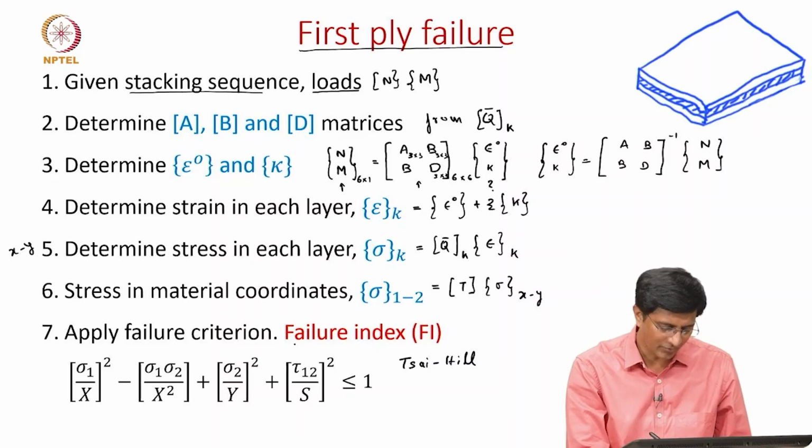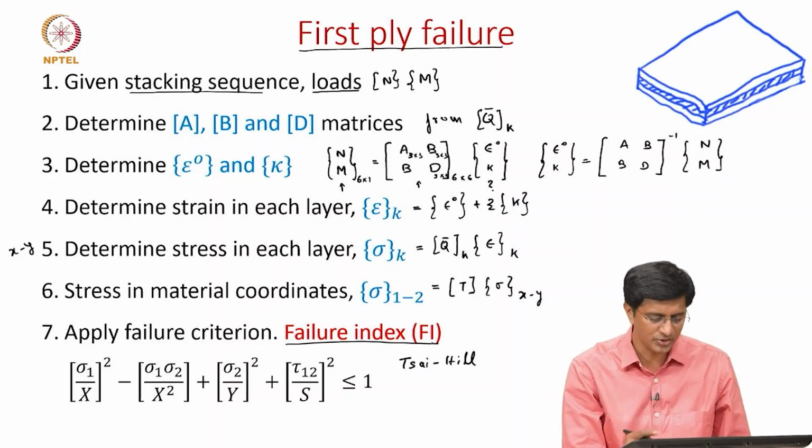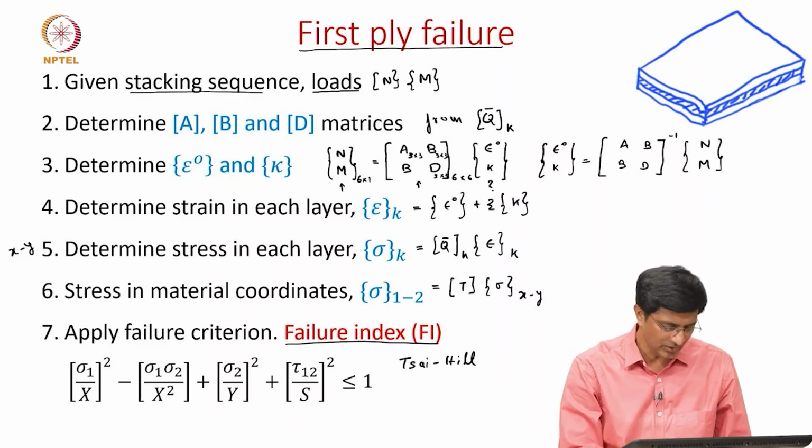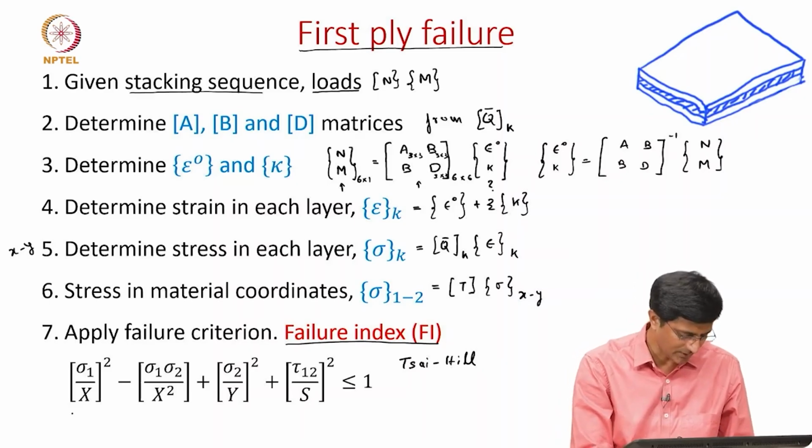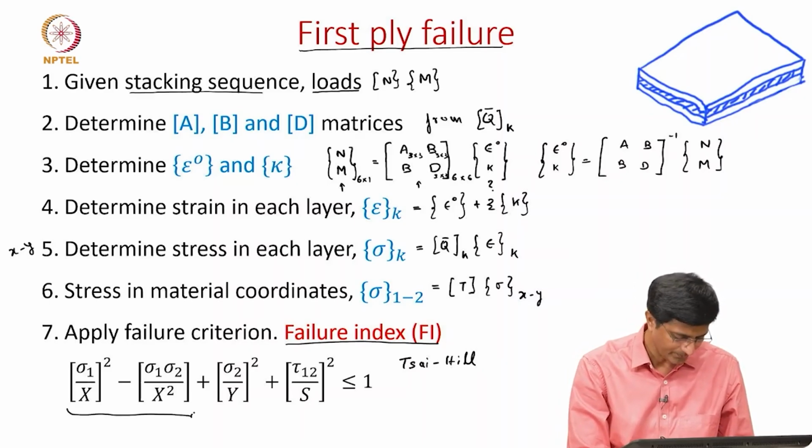Here let me emphasize that what we are interested in is to find the failure index. But now the question is, what is the failure index? In this equation, the left hand side contains the expression with sigma 1, sigma 2, tau 12 and the strengths X, Y and S. If you evaluate the left hand side, this should give the LHS or failure index.